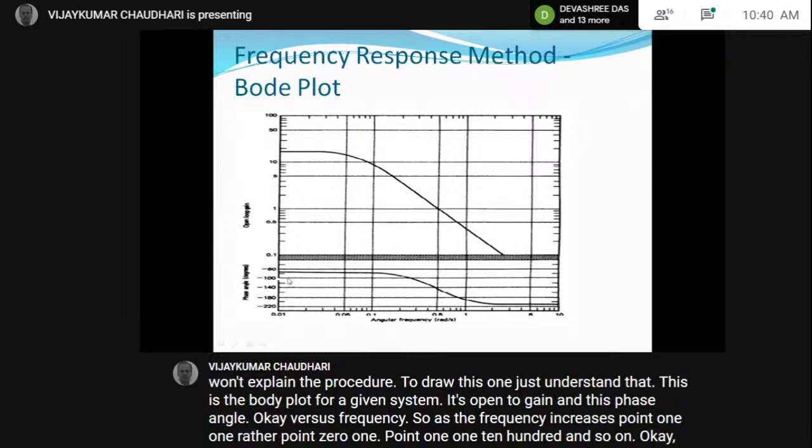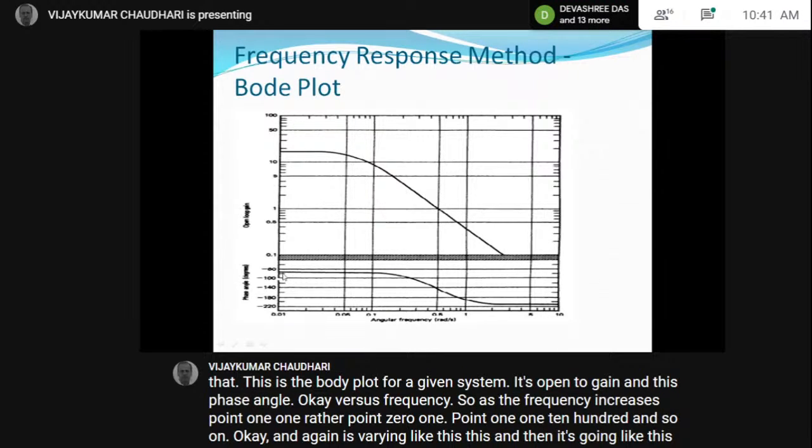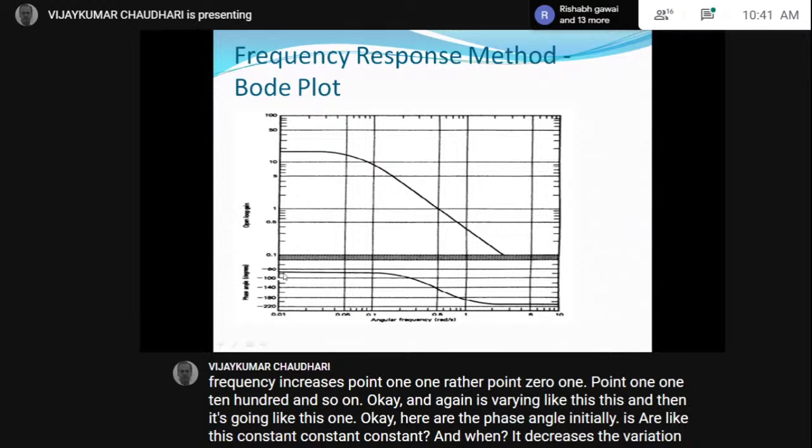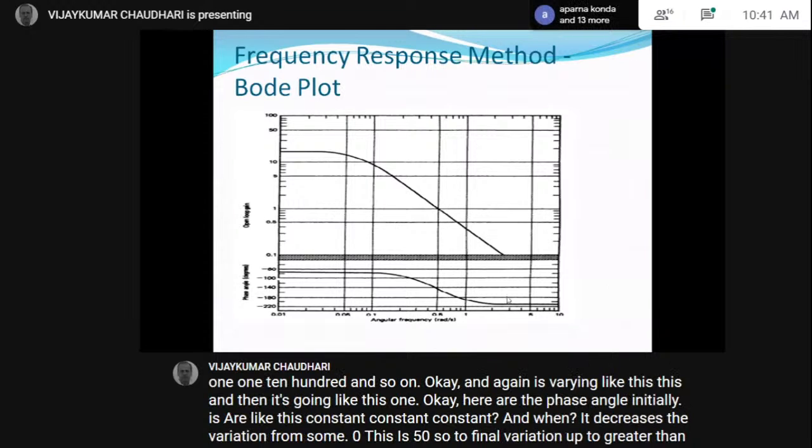Whereas the phase angle initially is constant, constant, constant, and then it decreases, with variation from some 40 to a final value greater than 200, something like 210.